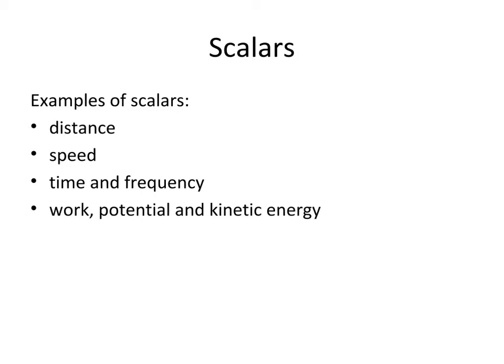Work, which is related to energy, and any kind of energy is also a scalar, so potential energy and kinetic energy are scalars. Voltage, current, and resistance, and a number of other electrical quantities are also scalar quantities, and there are many more. But these are the ones that we're going to see in this course for the most part.